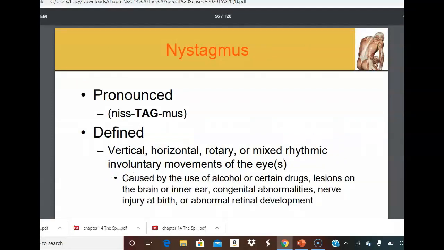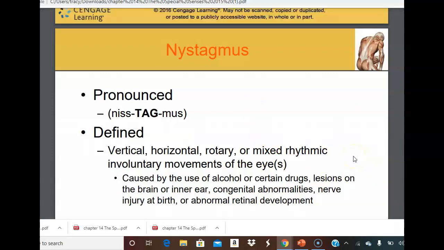Now, nystagmus is kind of an interesting condition where we actually have movement of the eyeballs themselves, and it's involuntary. People don't do this. You can have a vertical nystagmus, a horizontal nystagmus, or something where it's mixed and it kind of rotates.